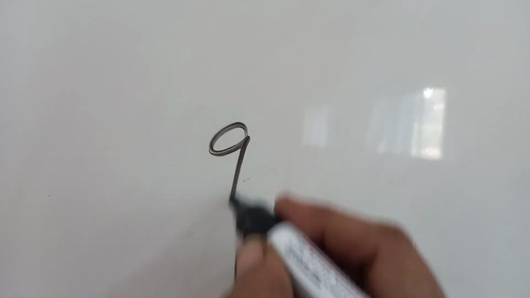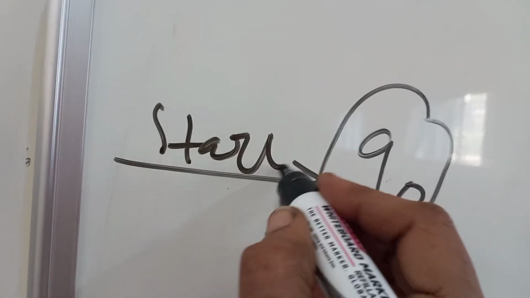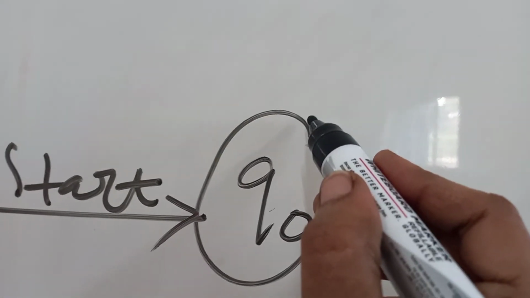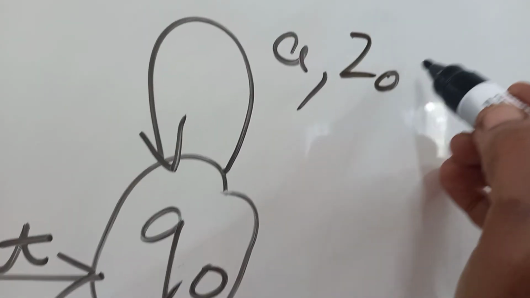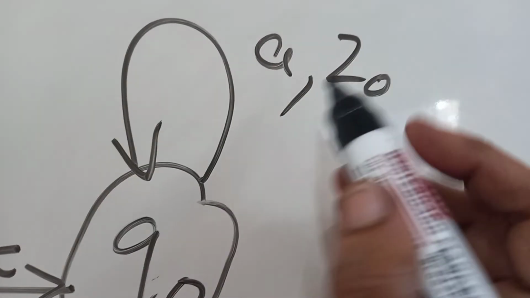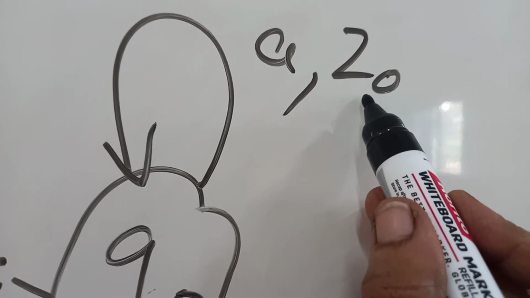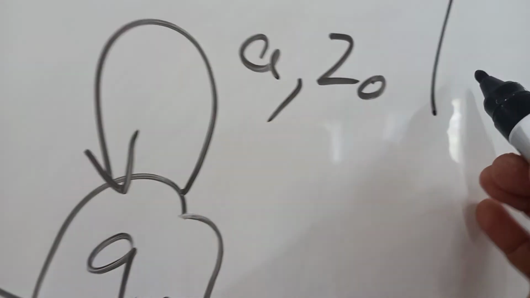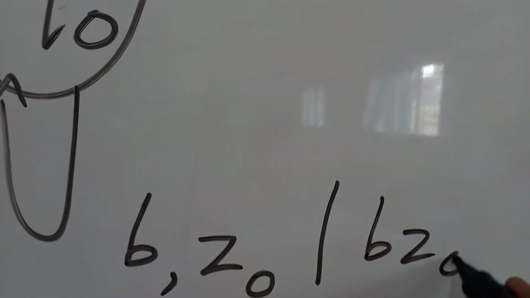So the initial state is Q0. The string can start with A, and the input symbol is A and the top of the stack is Z0, so we just need to push that onto the top of the stack. The string can also start with a B, and the top of the stack is Z0, so we need to push that onto the top of the stack.